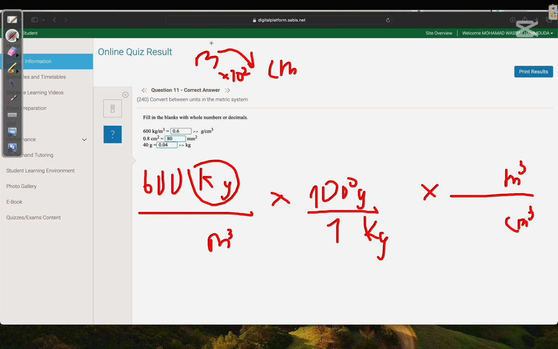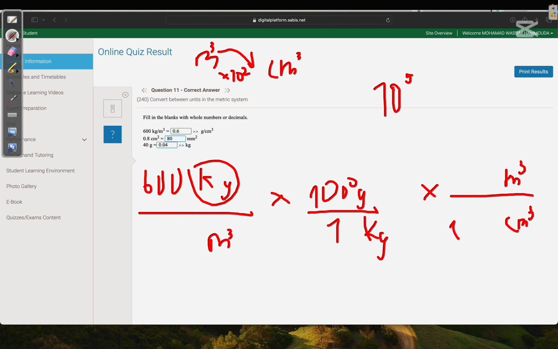If you cube both sides, it will be 10 to the power of 6. So there are 10 to the power of 6 centimeter cubed per meter cubed.